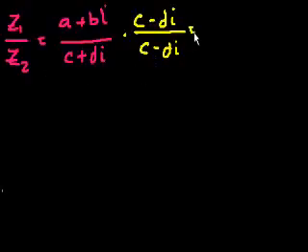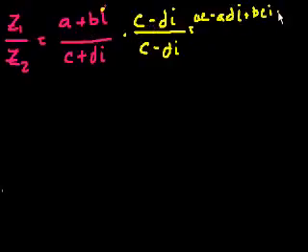So in the numerator, we get ac, so a times c, minus adi, plus bci, and then the last term, we have a plus b times a minus b pattern, so it's minus bdi squared.